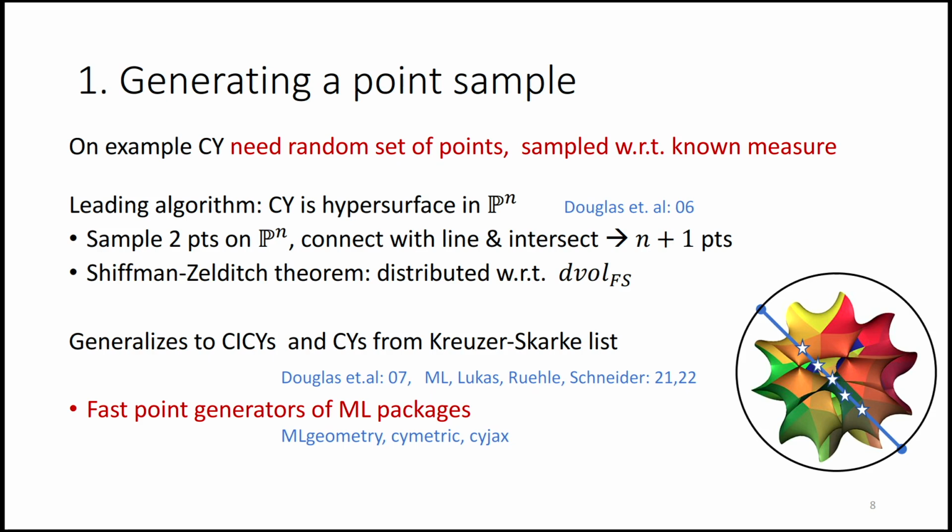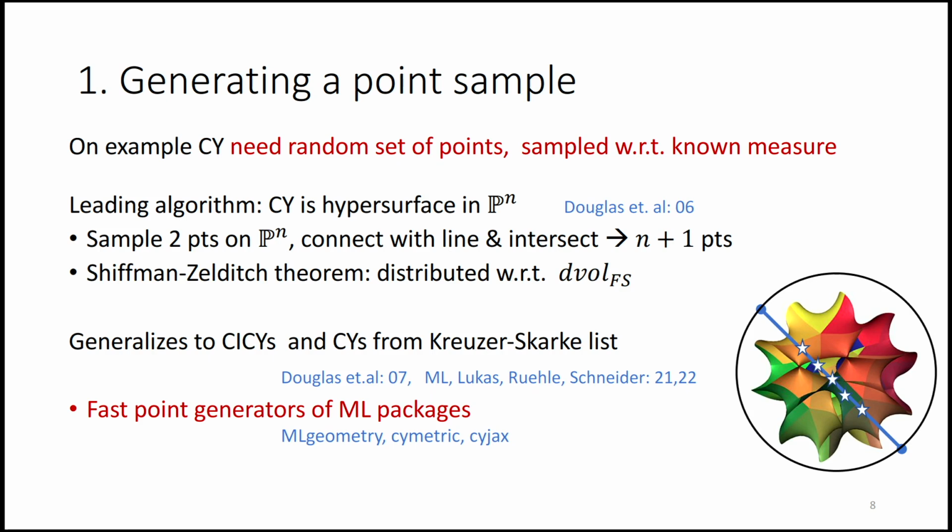So for example, the quintic, which is depicted here, is an example of a three-dimensional Calabi Yau manifold given as a hypersurface in P4. And Douglas and collaborators developed an algorithm for how to sample points on such manifolds some time ago.